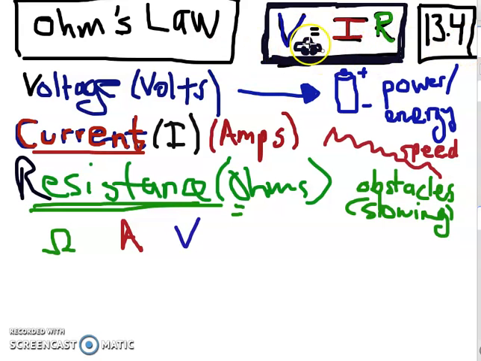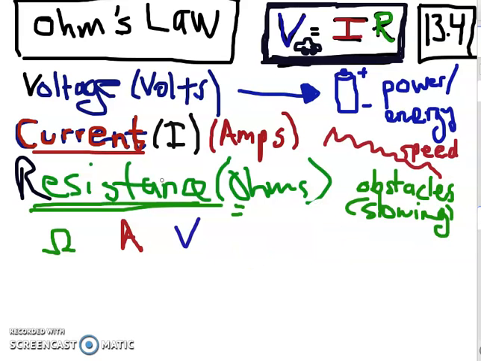Think of the word veer, V-E-E-R, and change the E-E to an I, because that's the sound it's making. Veer. V equals I-R. V equals I-R. V equals I-R. All right, that's about as good as I can get for actually remembering those letters in that order.